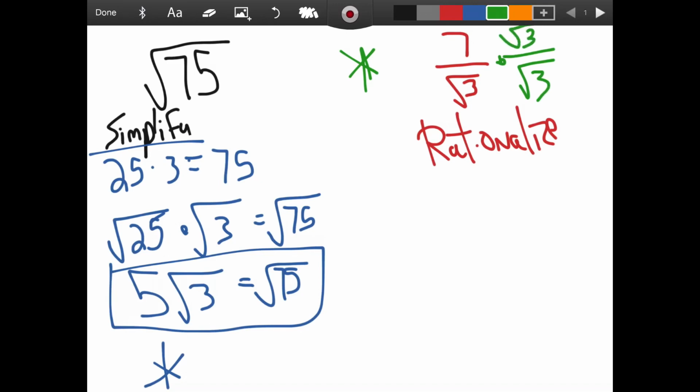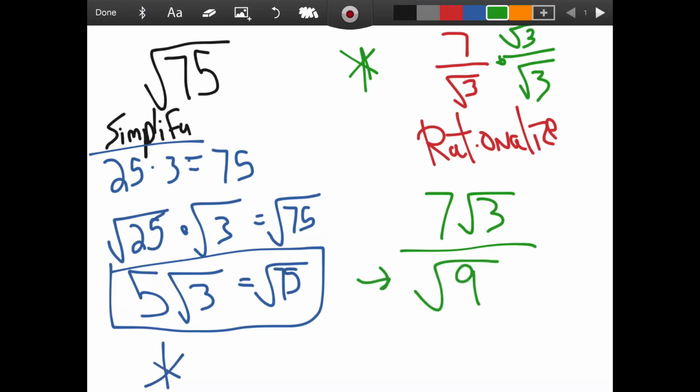We're basically multiplying it by the number 1. So 7 times rad 3 is just 7 rad 3, and rad 3 times rad 3 would be the radical of 9, which we can simplify. So the rationalization would look like this. 7 rad 3, radical of 9 is equal to 3, and this is what our answer would look like.